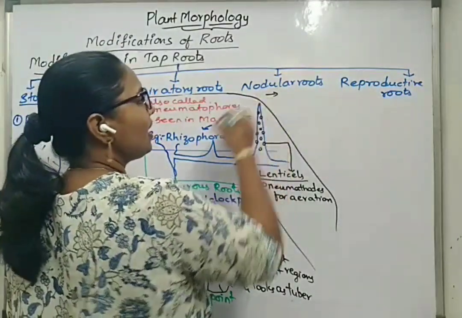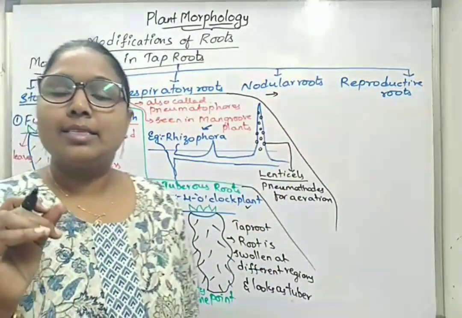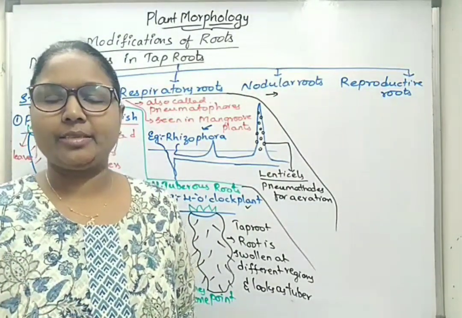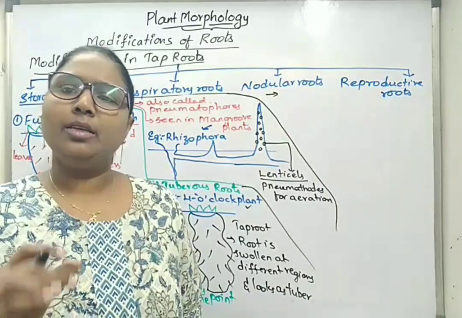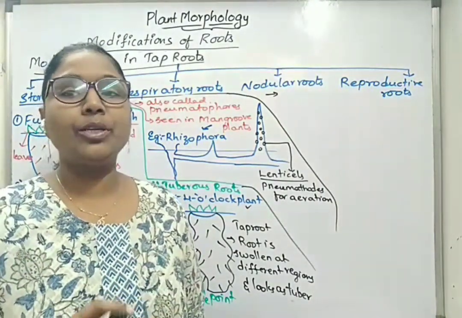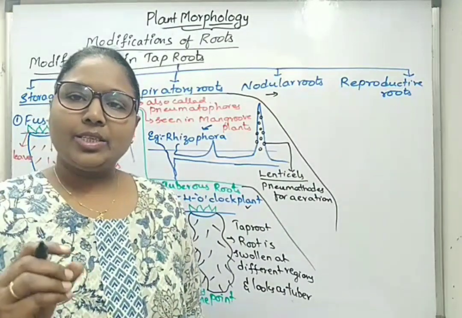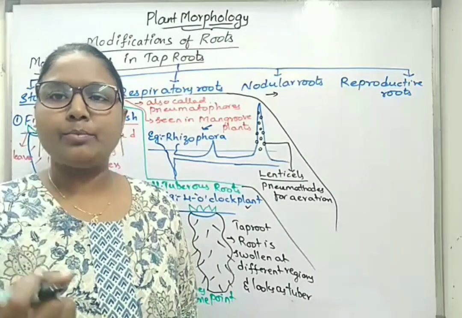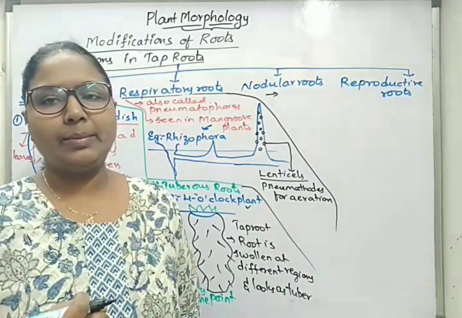Coming to nodular roots. Some plants are growing in such areas where nitrogen is deficient. So some plants will be converted into insectivorous. But here we are talking about a taproot system. So such a type of taproots which are fixing this atmospheric nitrogen for the growth and development of the plant.